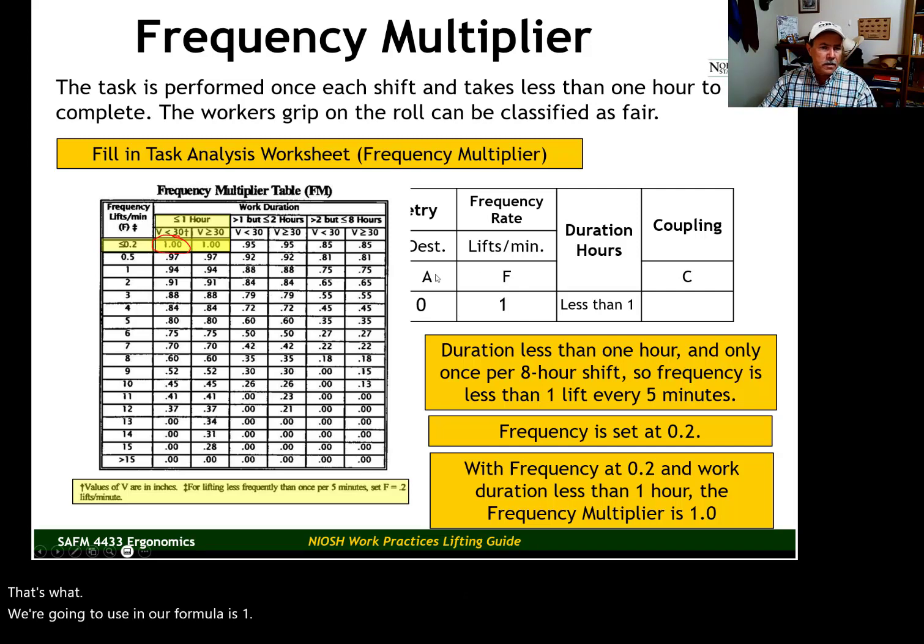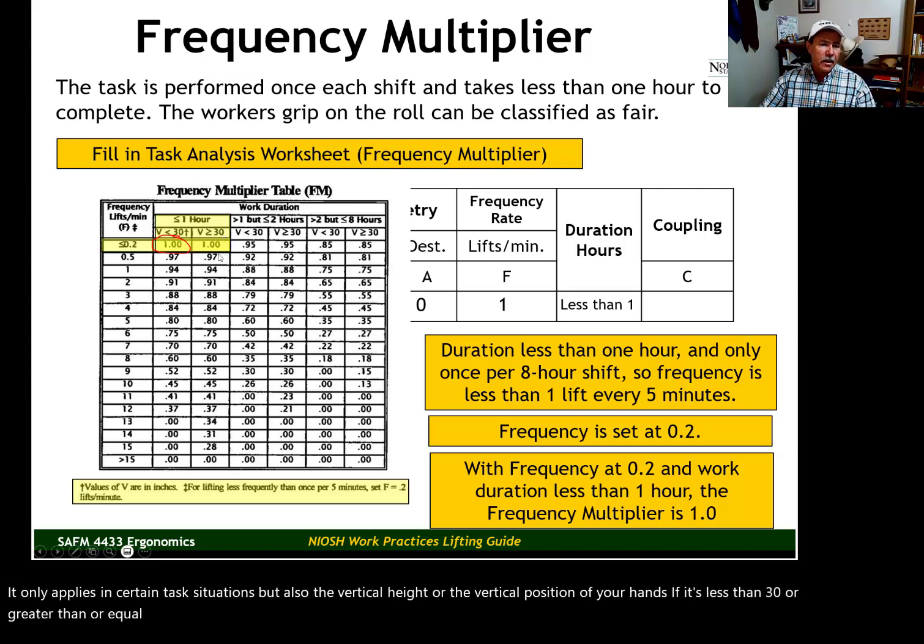Now, one thing that doesn't apply here, it only applies in certain task situations, but also the vertical height or the vertical position of your hands. If it's less than 30 or greater than or equal to 30, then that has to be considered as well. It doesn't apply in this situation.